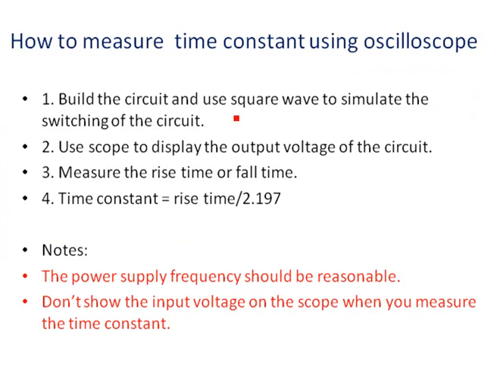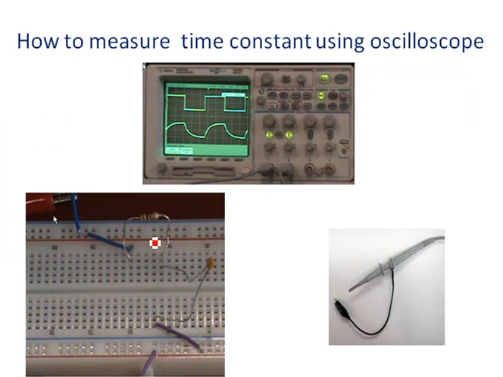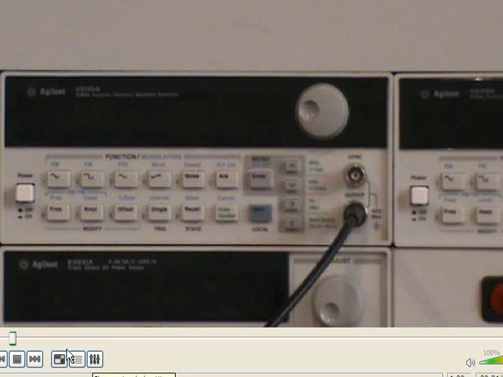Let's look at how to measure time constant using an oscilloscope. So the first part, we need to use a square wave to simulate the input voltage, the switching of the circuit. We have a resistor and capacitor in series. So these two holes are connected together. This line is connected horizontally. So we need to supply the circuit with a square wave.